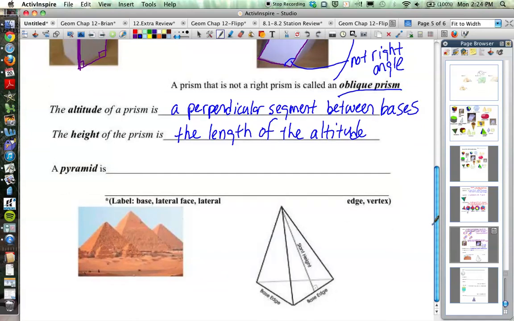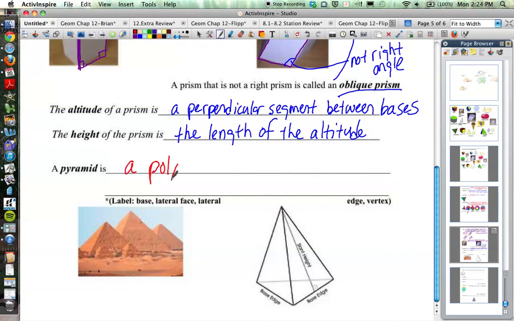And the last one on this page is a pyramid. Like I said, lots of vocabulary today, just bear with it. It gets a little bit long, but we need these vocabulary terms. We need to understand what they mean in the context problems that we'll get a little bit later in the unit. So a pyramid is a polyhedron with only one base.